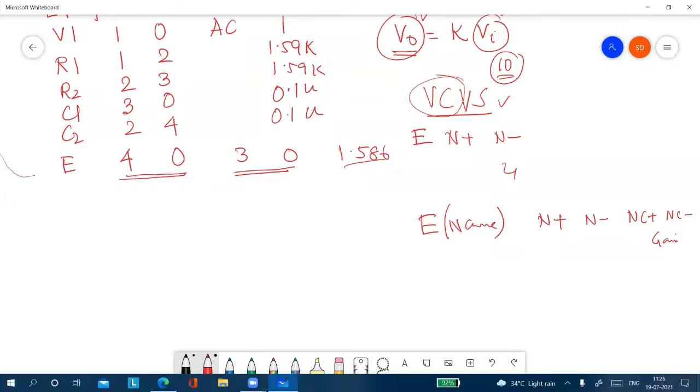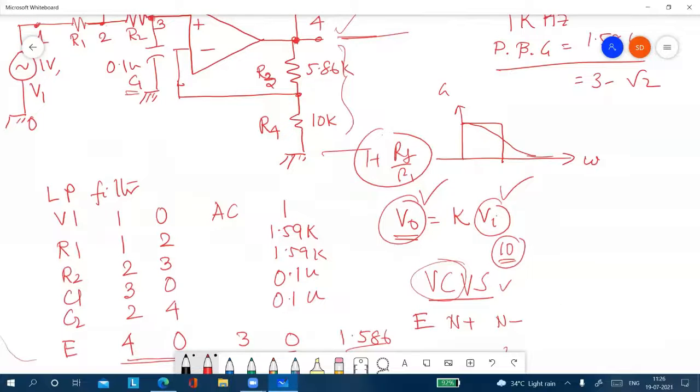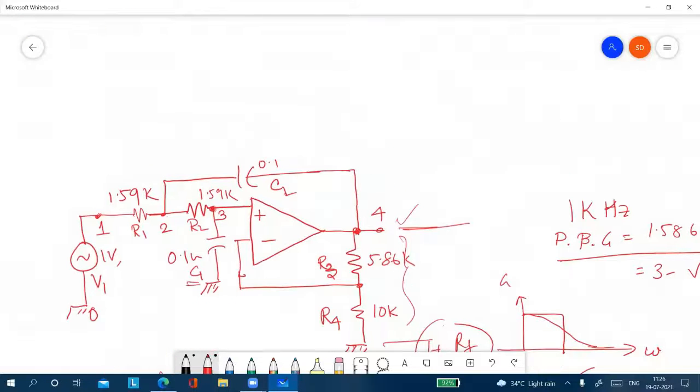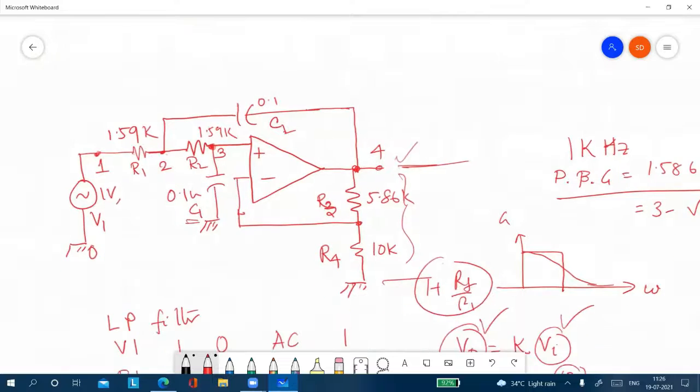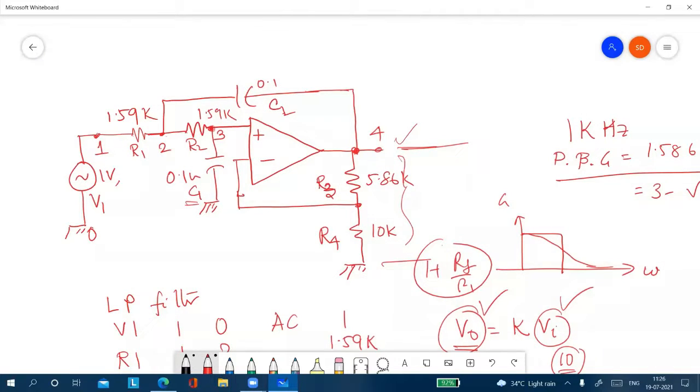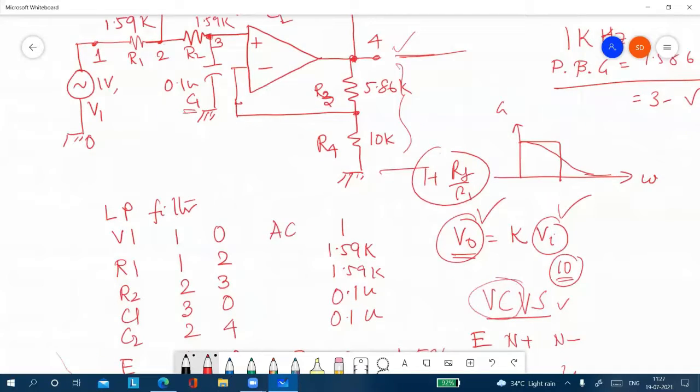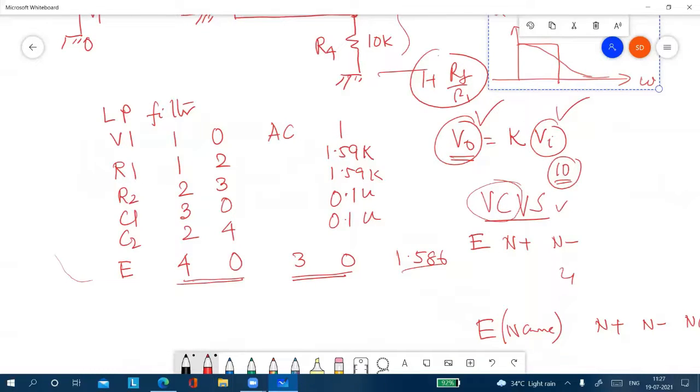So you know this is a non-inverting amplifier. Its output will depend on the input. So 4 0 output depends on the voltage 3 0. So this is E4030, and the passband gain is 1.586.